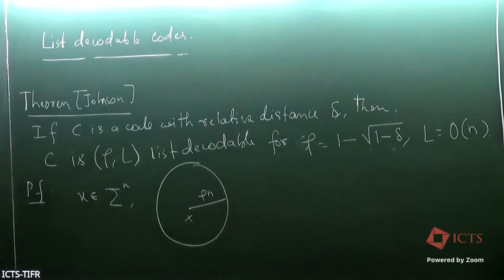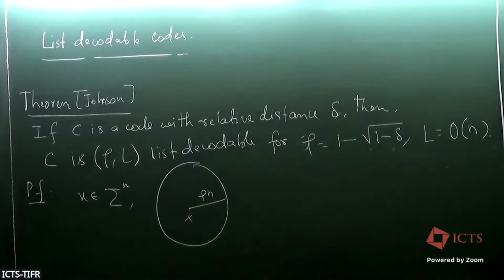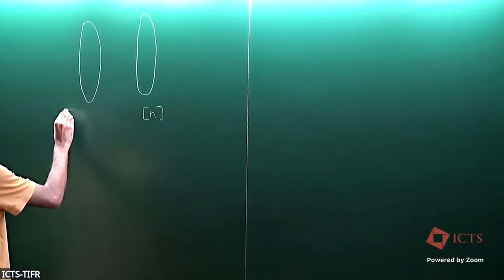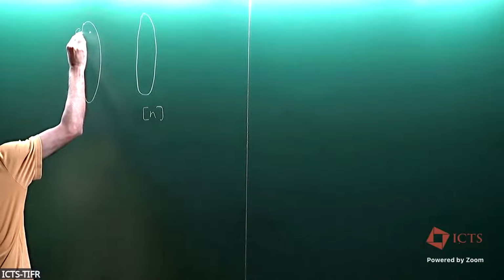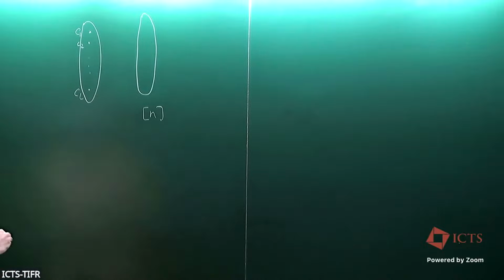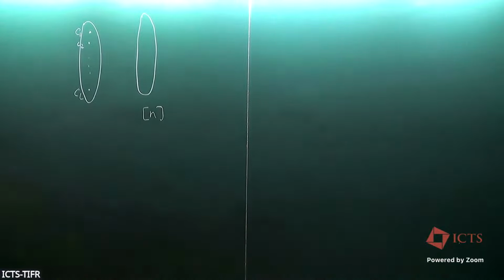It's one of these clean double counting arguments. So let's consider the following bipartite graph. On the right side, the vertices will identify with coordinates 1, 2, 3 up to n. And on the left side, we'll identify this with all the code words C1, C2 up to CL that lie in this ball.